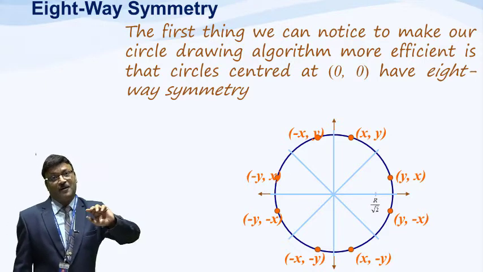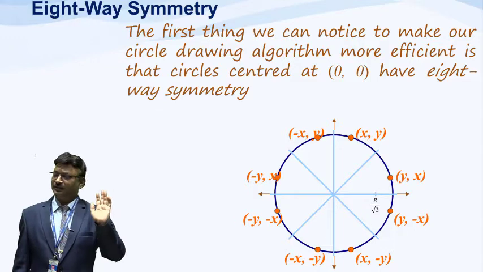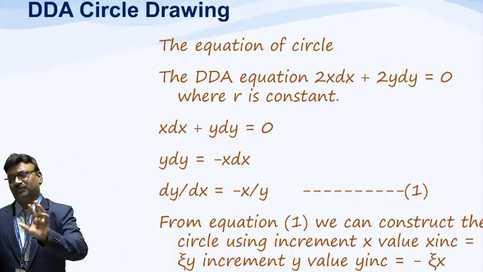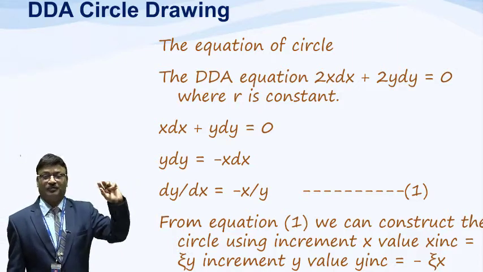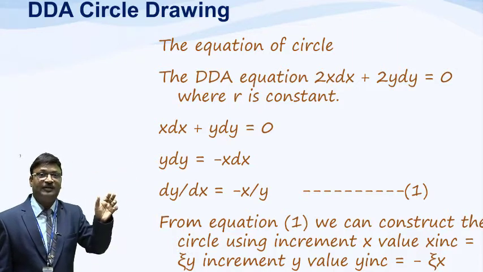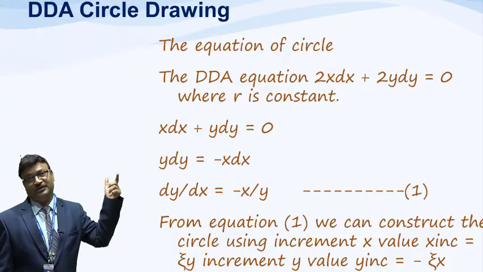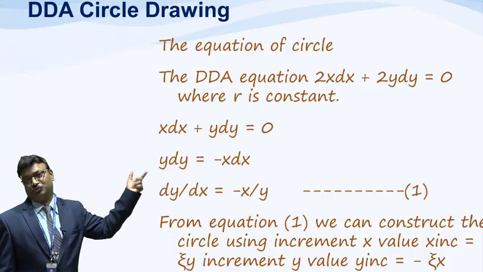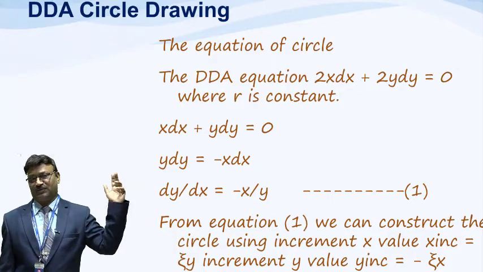Okay, now here you have to consider this. The equation I have already told you is x square plus y square equals r square. Suppose I differentiate it, that is the derivative dy by dx. The derivative of x square is 2x dx, plus 2y dy for y square, and r I have already considered a constant, so that becomes 0.